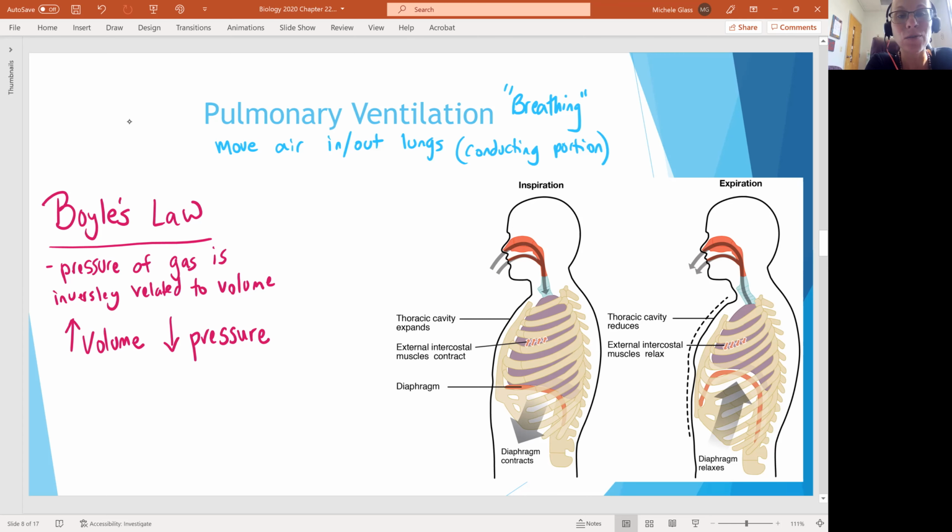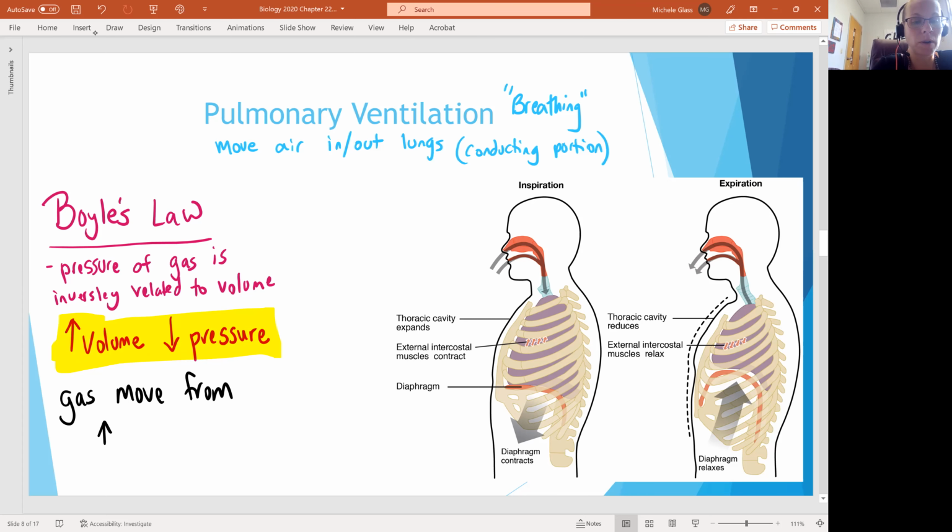Okay, so changing the volume changes the pressure. So let's highlight this here: increase volume, decrease pressure. And then the other piece of information we need to know is that gas is going to move from an area of high pressure to an area of low pressure.